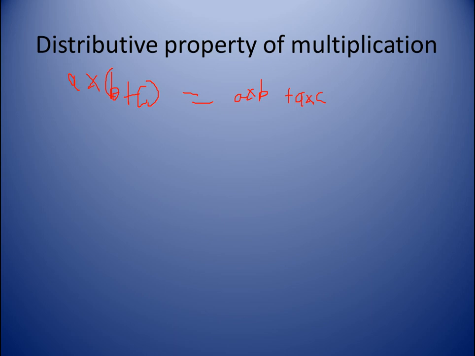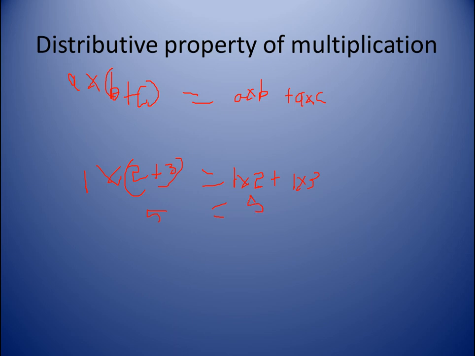For example, 1 into (2 plus 3) is equal to 1 into 2 plus 1 into 3. 2 plus 3 is 5, so 1 into 5 is 5, and here 1 into 2 is 2 plus 1 into 3 is 3, and 2 plus 3 is 5.